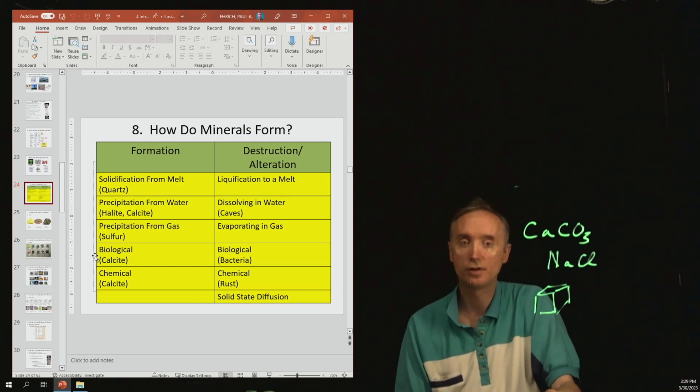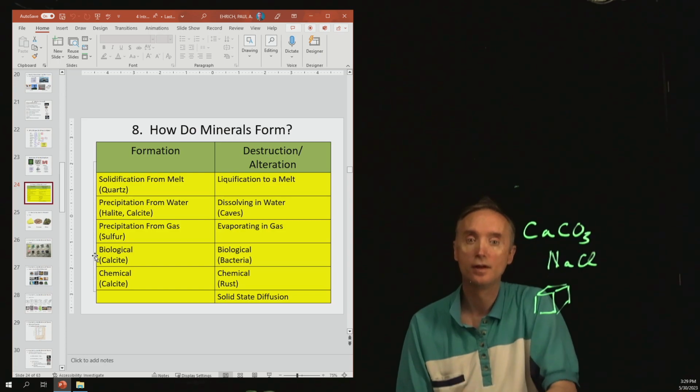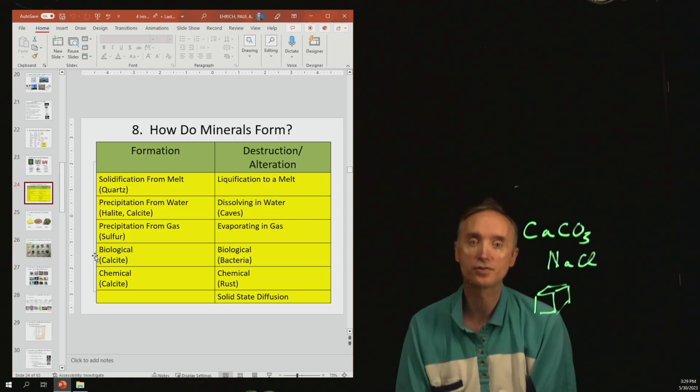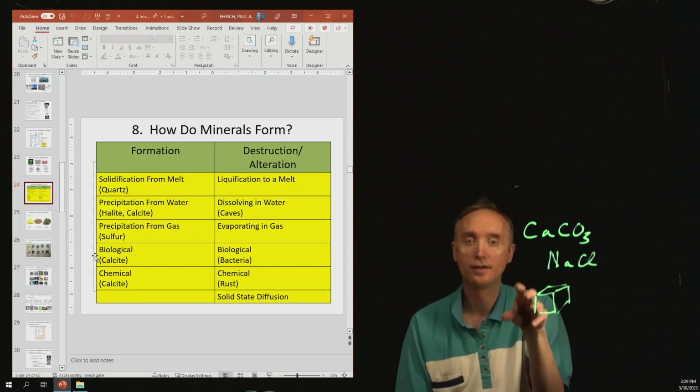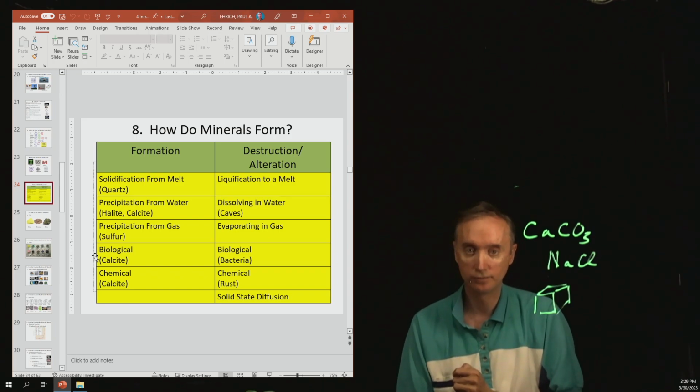Also, under destruction, for all of those, they can be destroyed the same way.